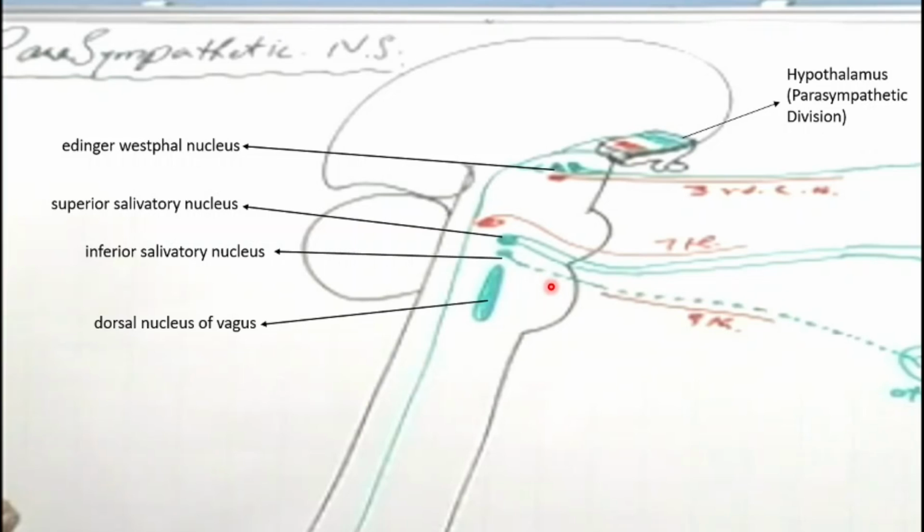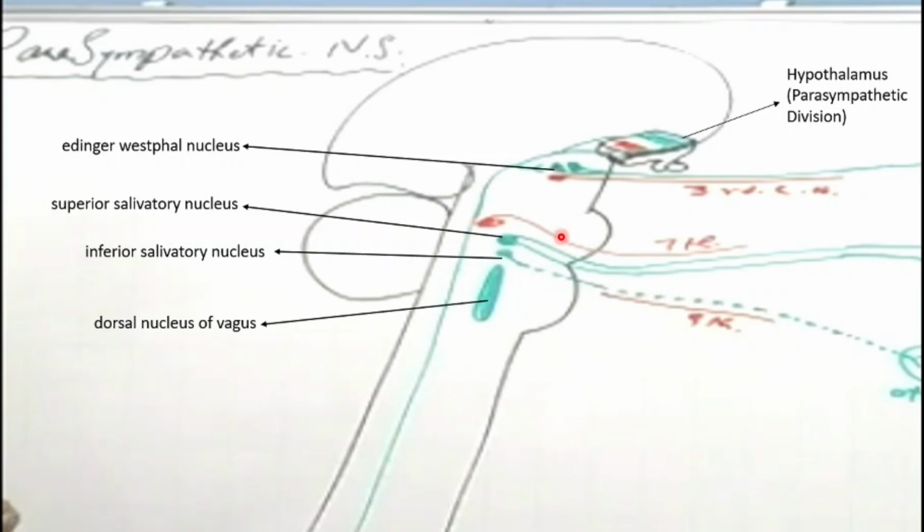But you know that we have 12 cranial nerves in the brain, and not all 12 are activated by the parasympathetic division. Only four cranial nerves are activated by it, and these are cranial nerve 3, cranial nerve 7, cranial nerve 9, and cranial nerve 10.